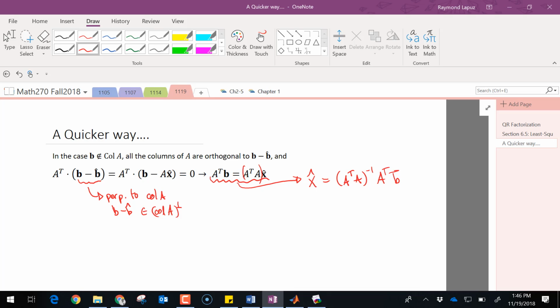Because if A is an M by N, then B should be a 1 by M matrix. It makes the matrix multiplication make sense. You also have to apply it to the rows instead of the columns of A when you do the dot product.